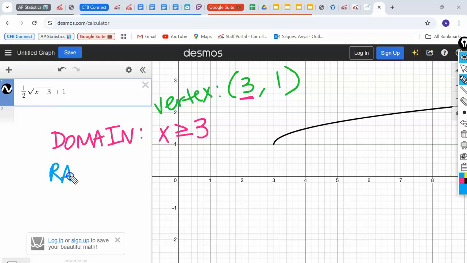For my range, remember, range is y. And here, my graph is going up. So I'm going to use greater than, and then it's starting from the y value of the vertex, right? So greater than or equal to 1.